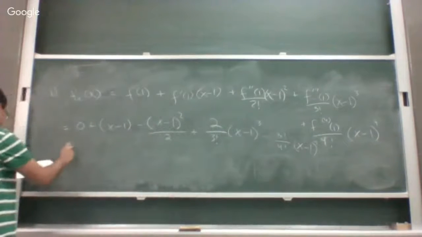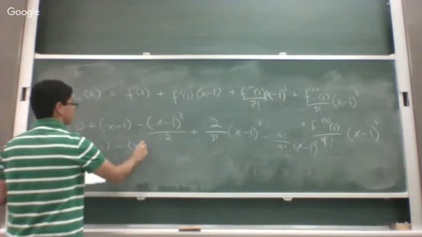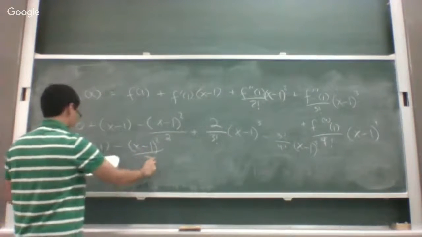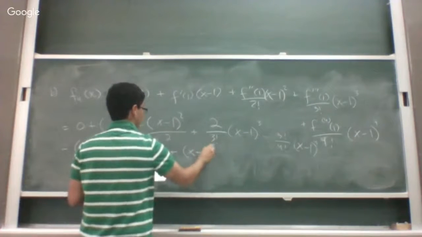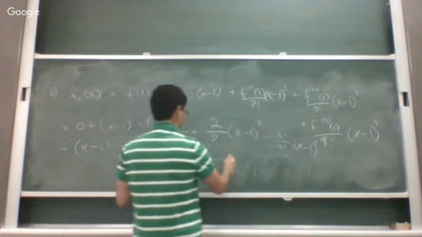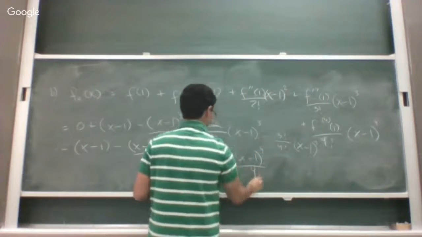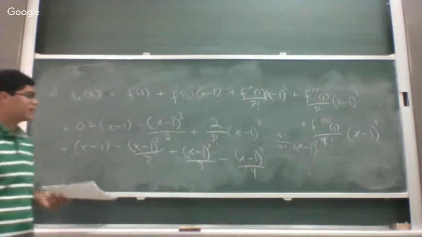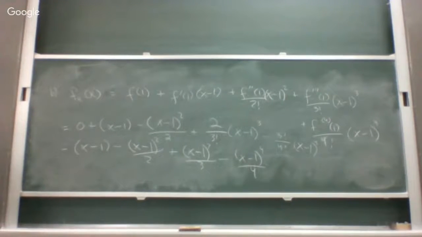And if you simplify that, we have x minus 1 minus x minus 1 quantity squared divided by 2 plus x minus 1 quantity cubed divided by 3 minus x minus 1 quantity to the 4th divided by 4. Did that all make sense? That's worth 4 points as well. So you guys should really get all those points.